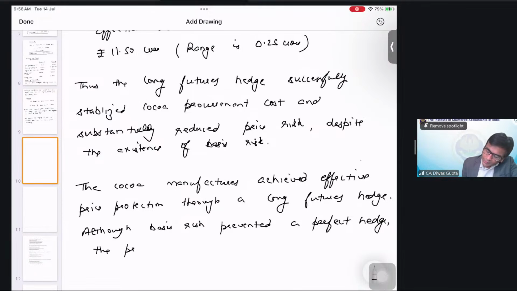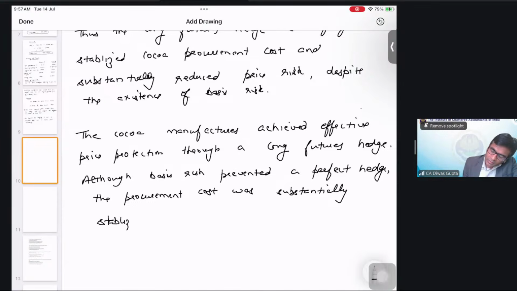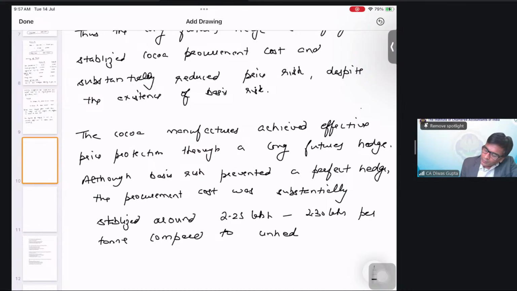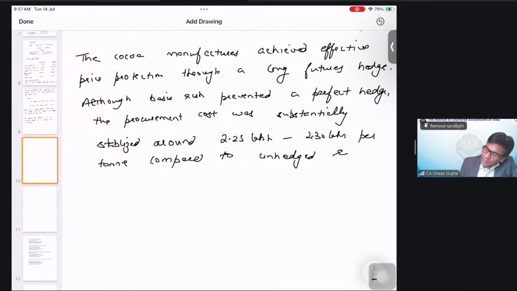The procurement cost was substantially stabilized around 2.25 lakhs to 2.30 lakhs per ton compared to unhedged range of 2.12 lakhs to 2.40 lakhs per ton, students.